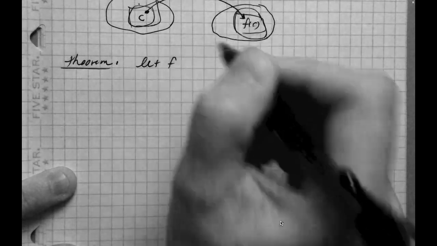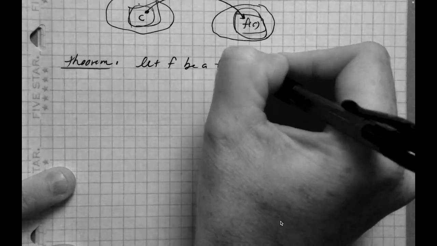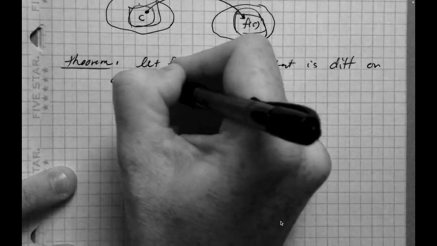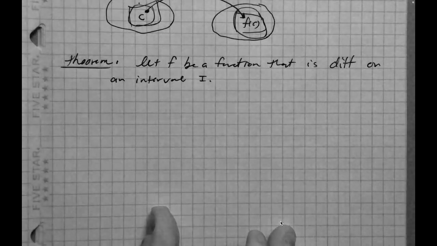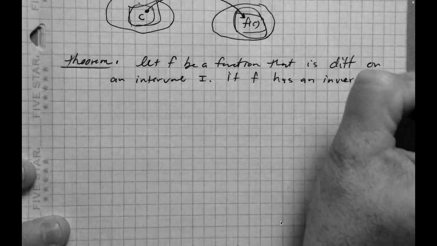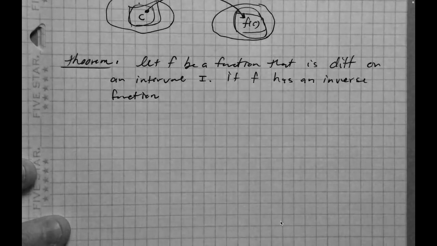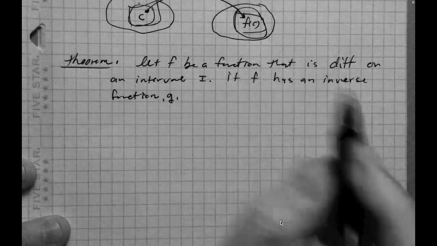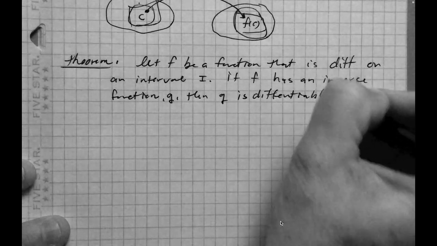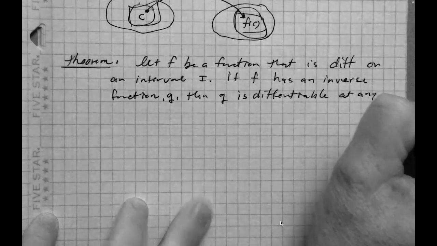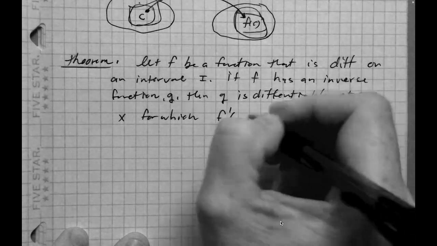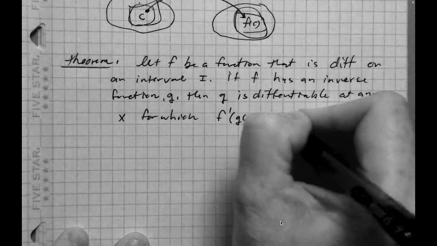So let f be a function that is differentiable on an interval I. Now, if f has an inverse function g, we'll just call it g, then g is differentiable at any x for which f prime of g of x is non-zero.